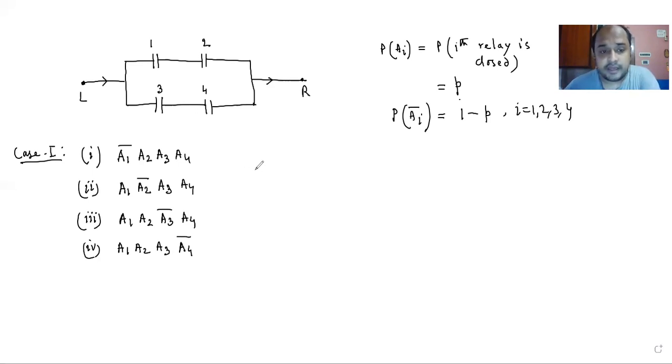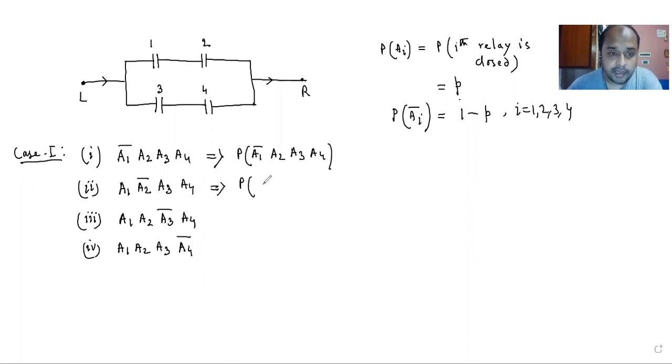Now I'm interested in finding the probability of the events in this particular case. So if this is the case, the probability of A1 bar, A2, A3, A4, this I want to calculate.